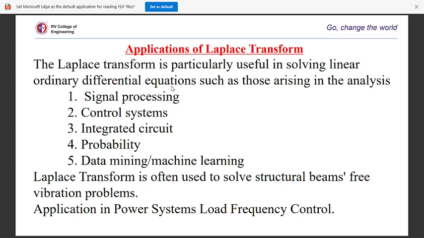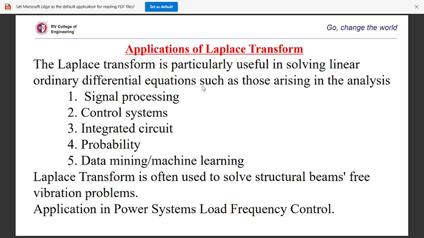The advantage of this Laplace transform is that we can directly find the particular solution of the given differential equation when the boundary values are given, without finding the general solution of the given differential equation.